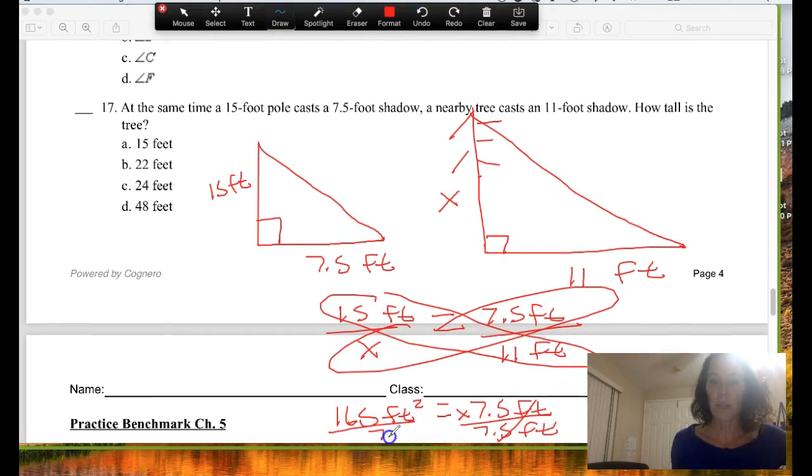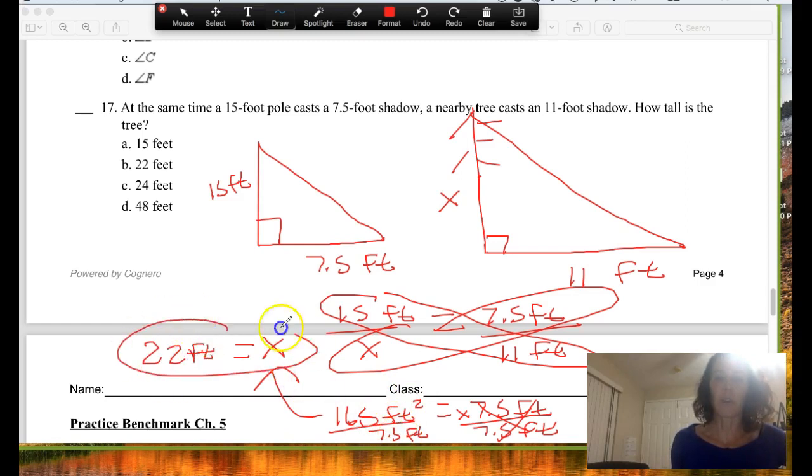Now the feet squared and the feet fall out, and you're left with just feet. So this cancels out, and you're left with X on this side equals 165 divided by 7.5 is 22. And then feet squared divided by feet just leaves you with feet. So if you want to be accurate with your units, that's how you do it. If the units mess you up, so it would be 22 feet.